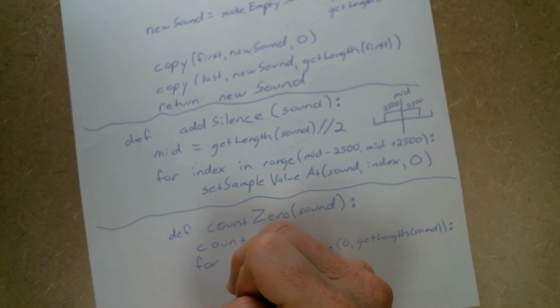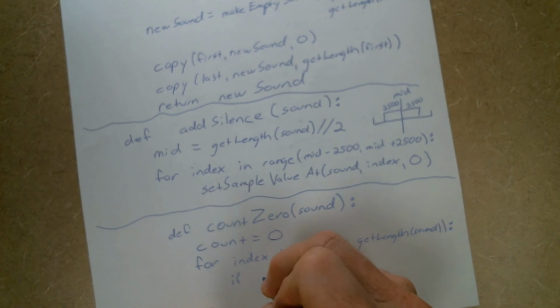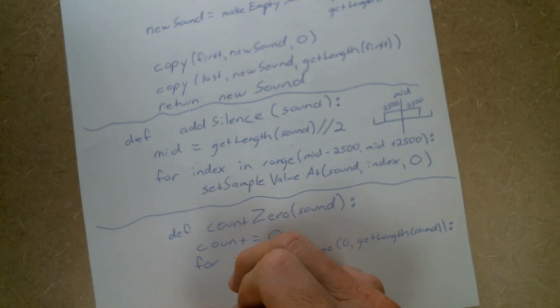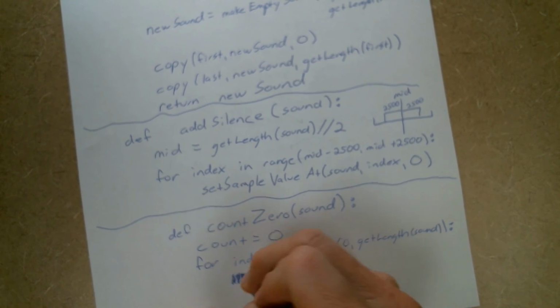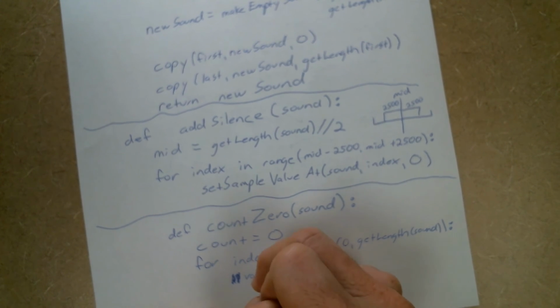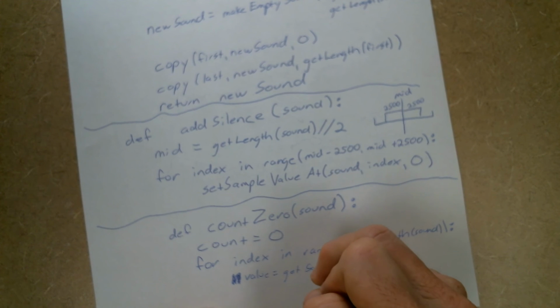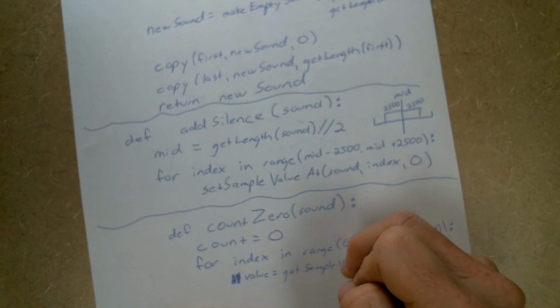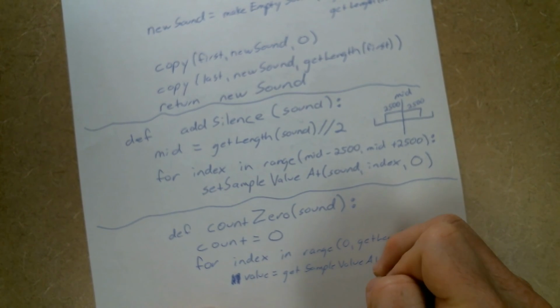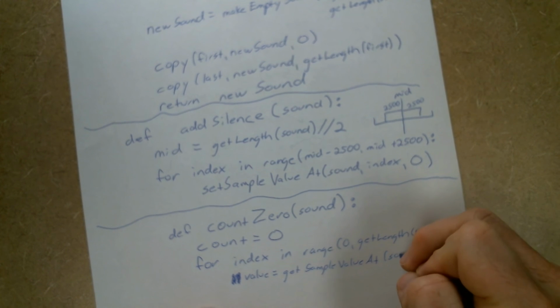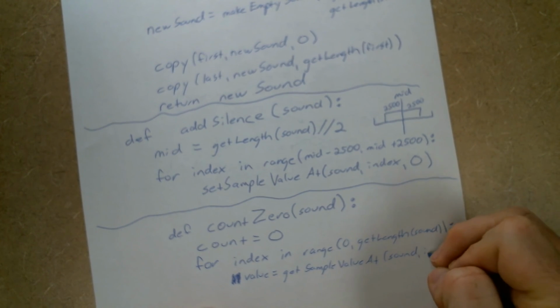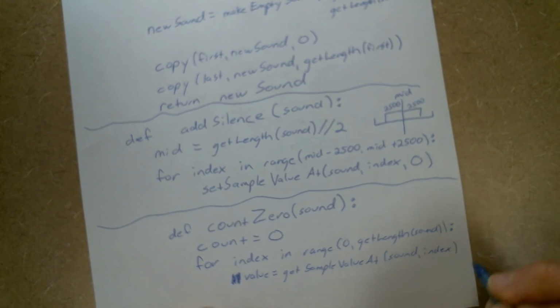Then we're going to do if. Oh, no, sorry, forgot. Skipping a step. Value equals get sample value at, and we're getting it from the sound object, and we're using the index from the for loop.